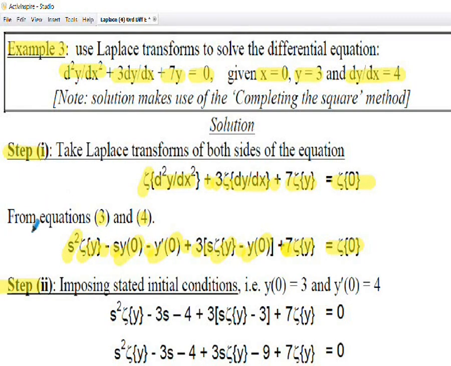Step 2 says to impose the initial conditions, so we're going to impose them now, and we're given the values of 3 and 4 to put into the equation in the appropriate places here.